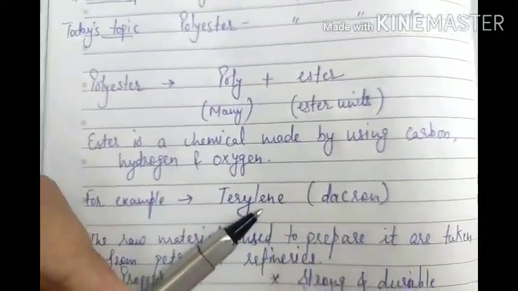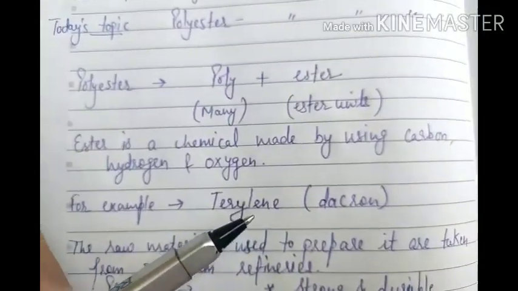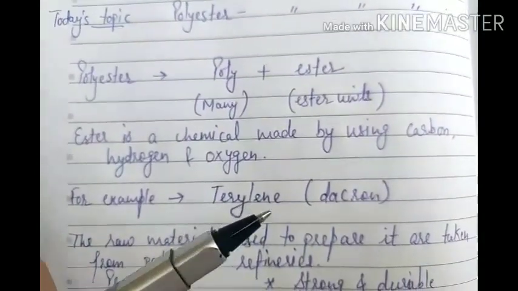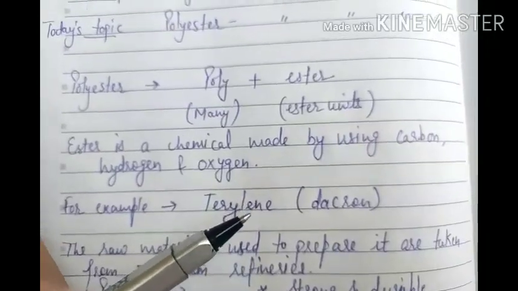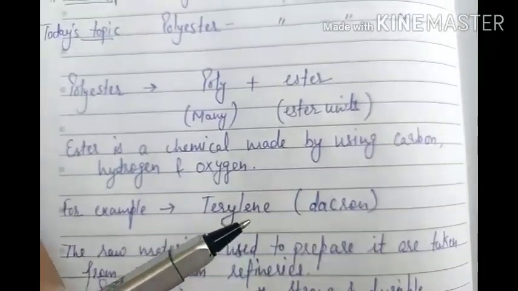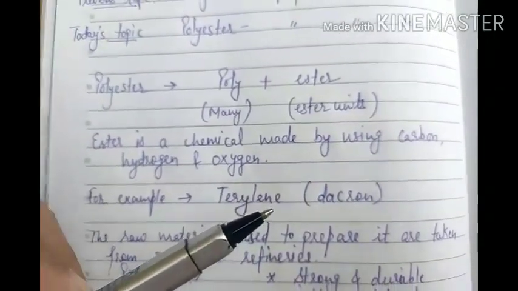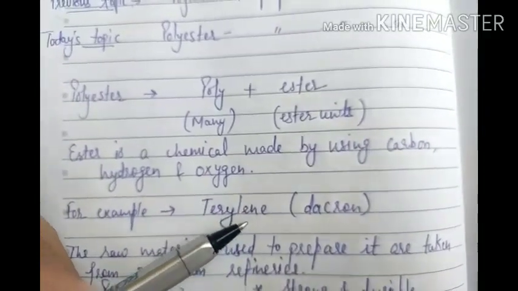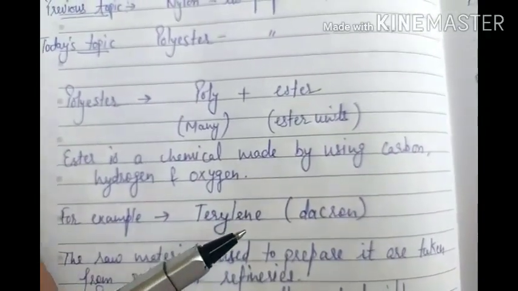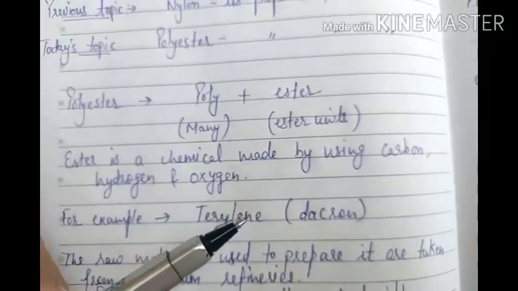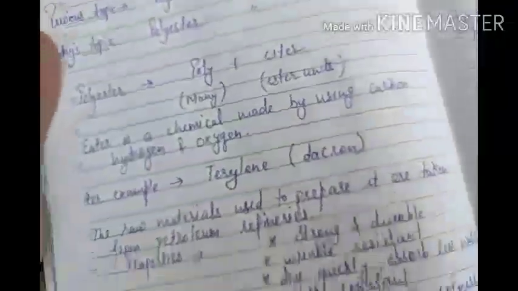We use terylene in synthetic fibers for clothes and plastic formation. Terylene is used in a lot of products, which we will also discuss.